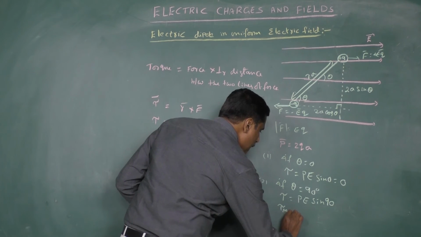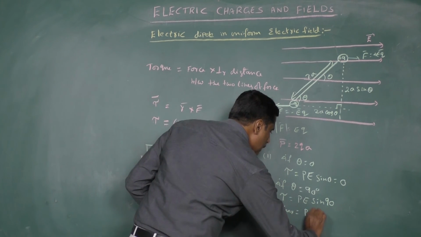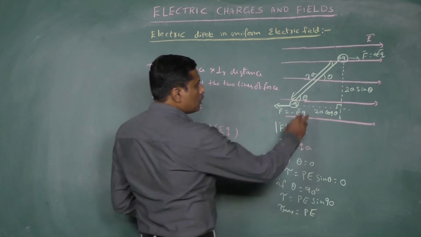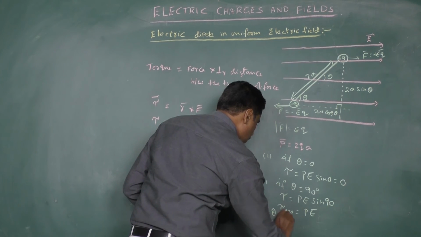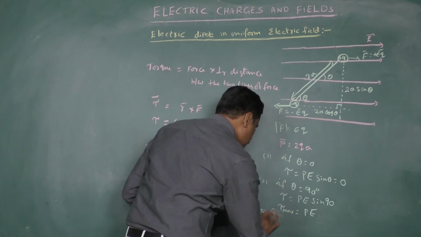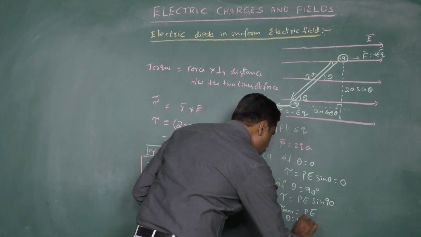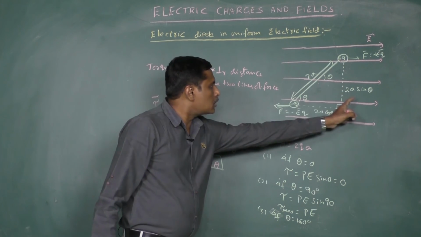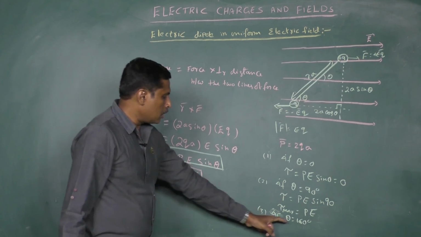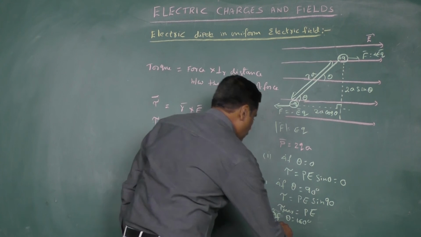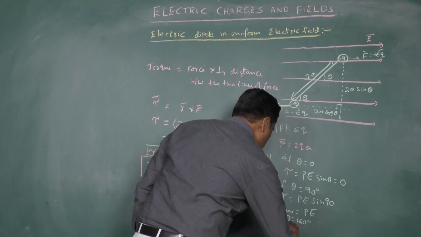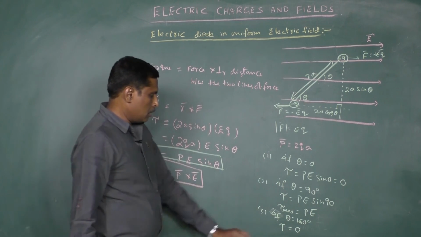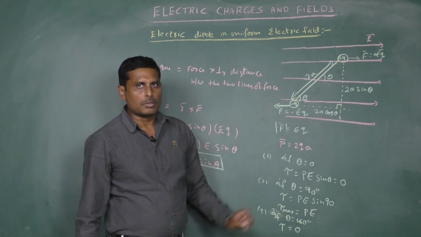Tau maximum is equal to P into E. If theta is equal to 180, the dipole is oriented opposite to the direction of the electric field. Then also torque tau is equal to 0, since sin 180 is equal to 0.